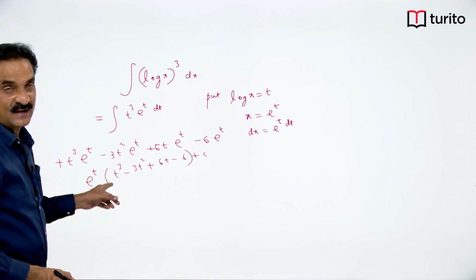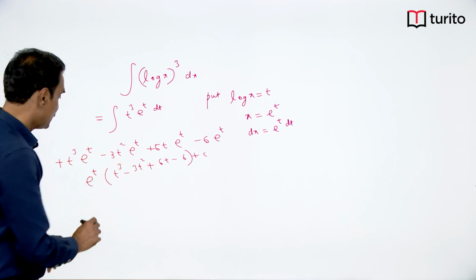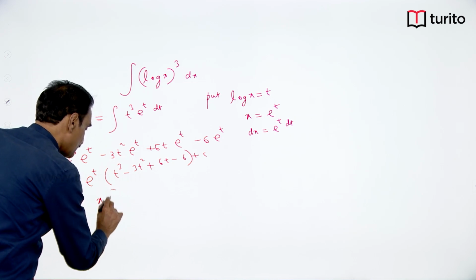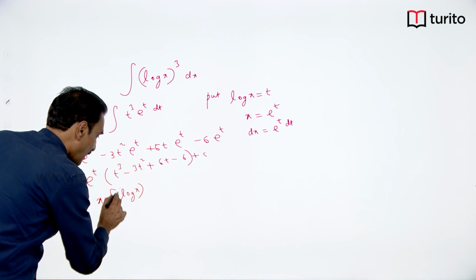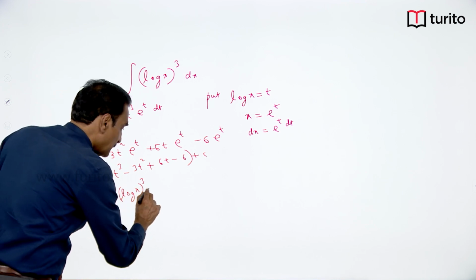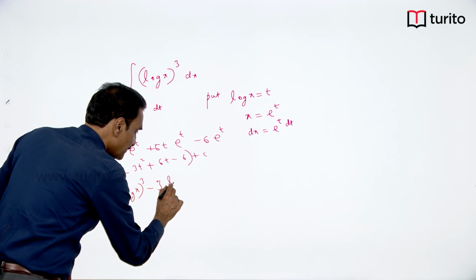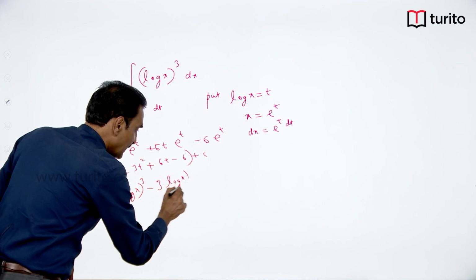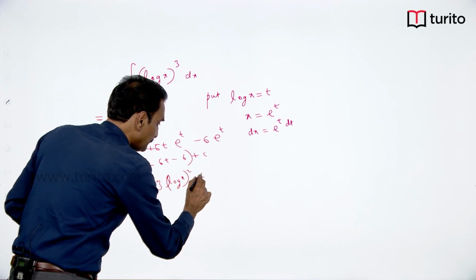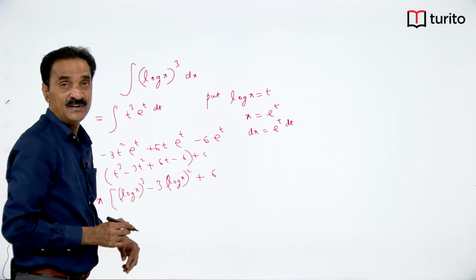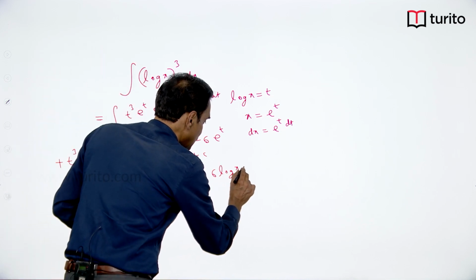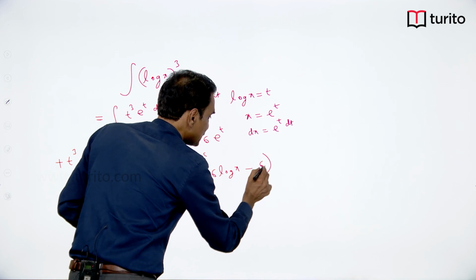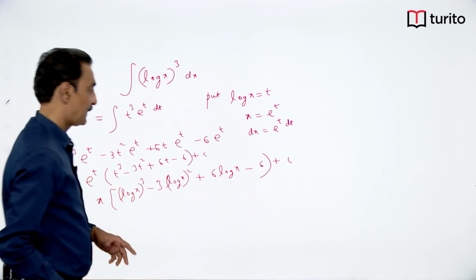Substitute e power t as x and t as log x. We will get x into (log x) whole cube minus 3 into (log x) whole square plus 6 into log x minus 6 plus c.